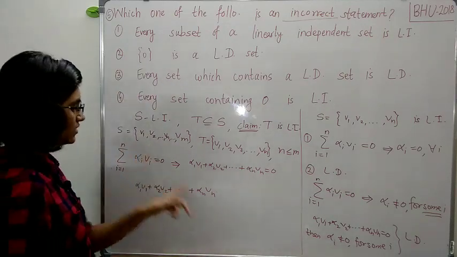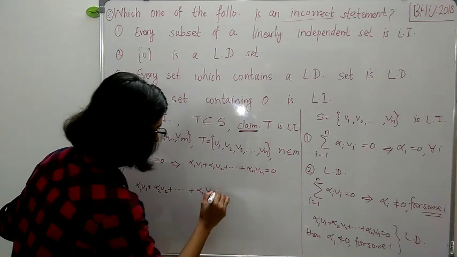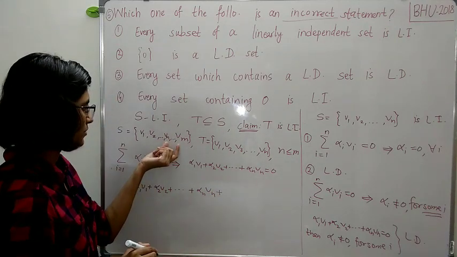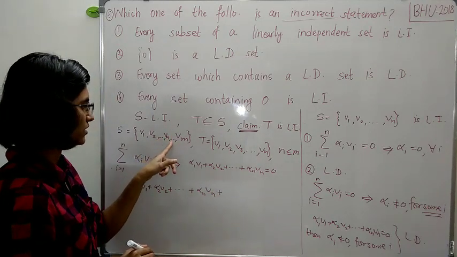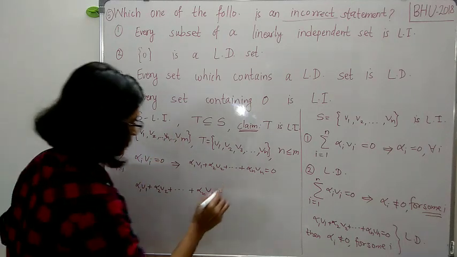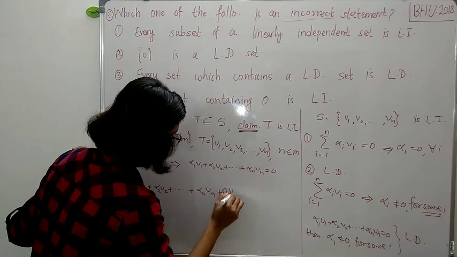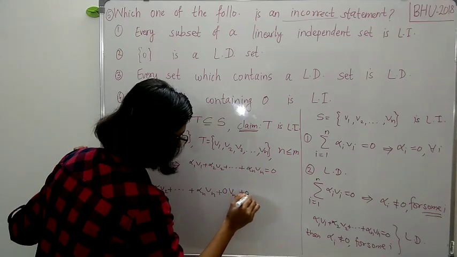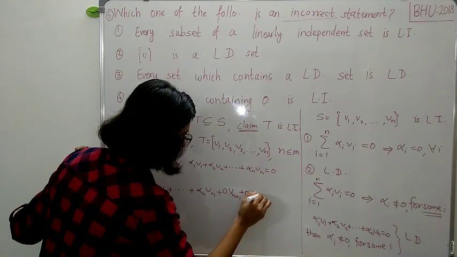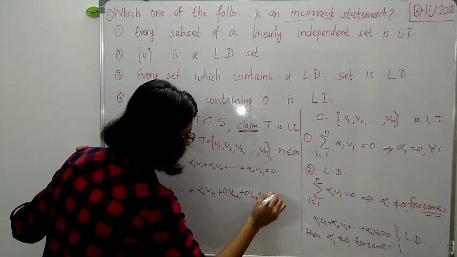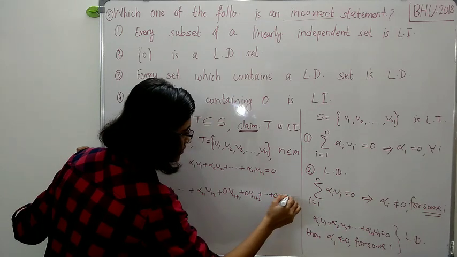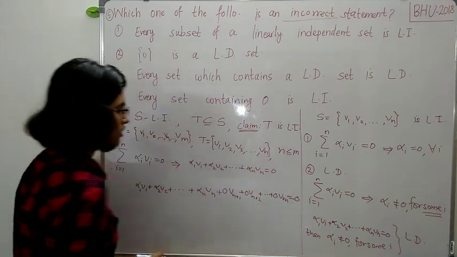Now we can write this linear combination with 0 times all these elements. So suppose here v n plus 1 is there, then up to vm. Write this as 0 times v n plus 1 plus 0 times v n plus 2, and so on, plus 0 times vm is equal to 0, the right hand side.